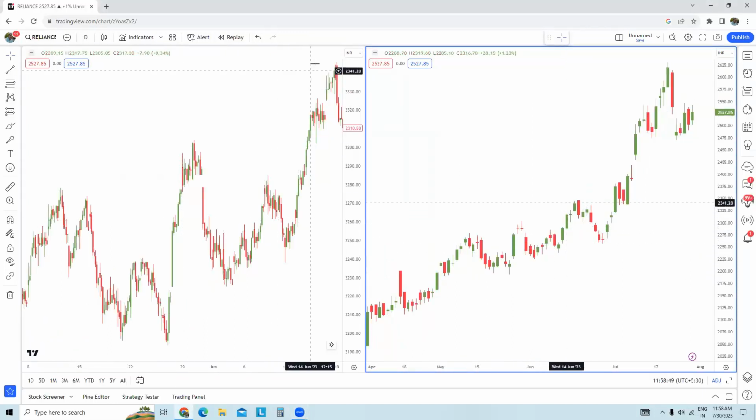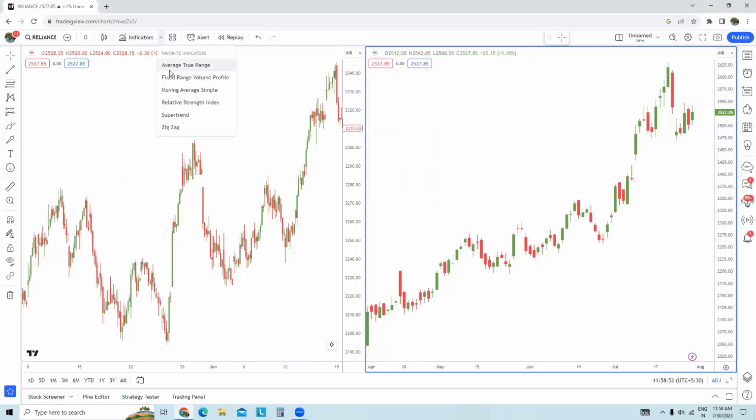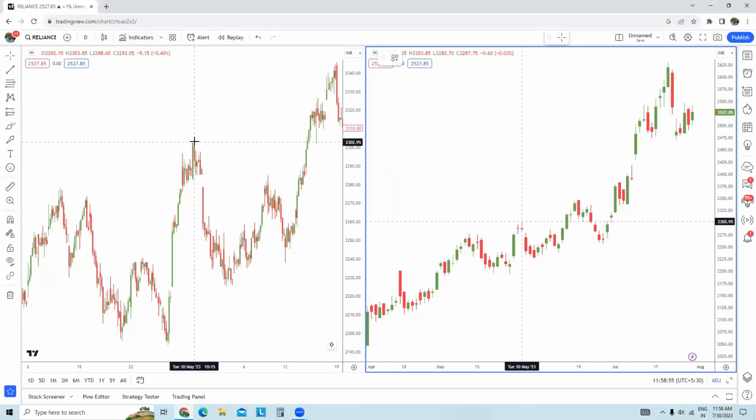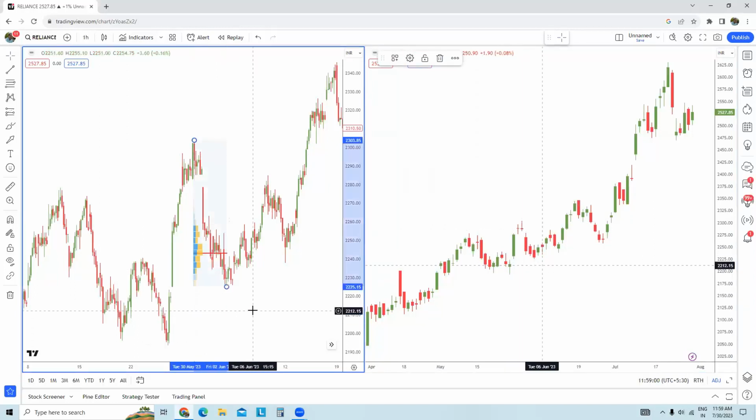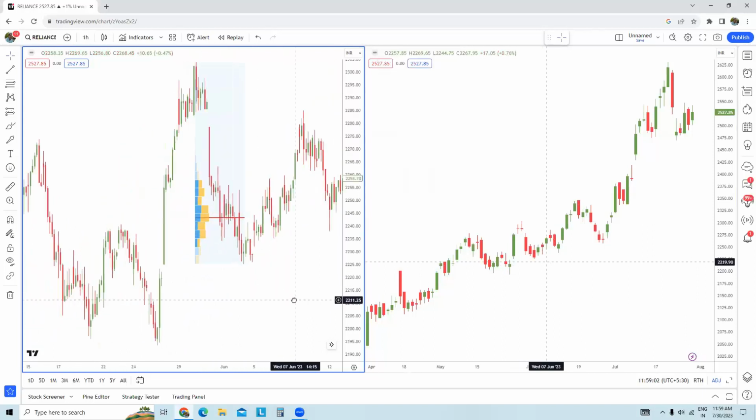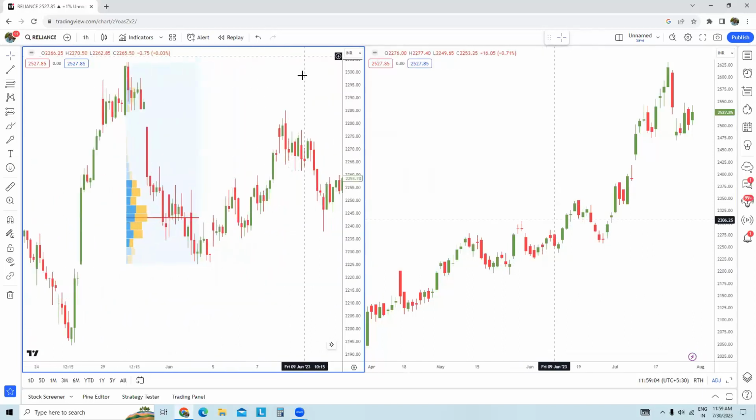You can also find support and resistance with this tool. From this high to this low, I'll plot the fixed range volume profile. And if you can see properly, this is a range where the maximum amount of volumes had been generated.